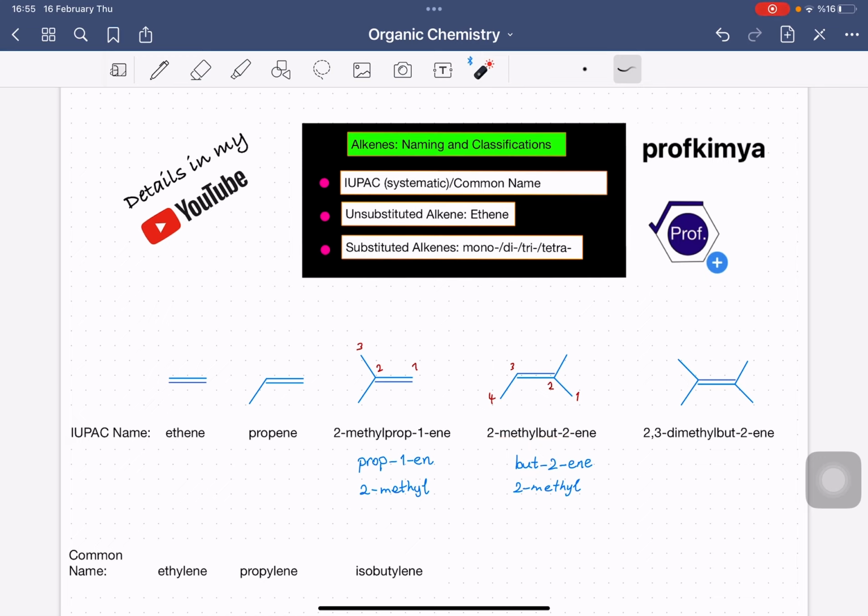This molecule has a branch, so therefore we need to find the longest chain. 1, 2, 3, 4. 4 carbon is the longest chain. At the 2 position there is a pi bond.